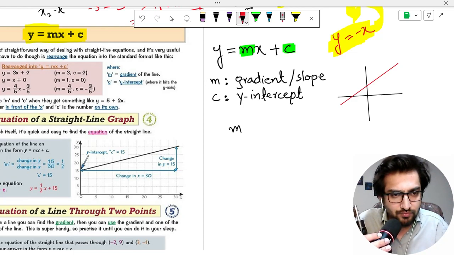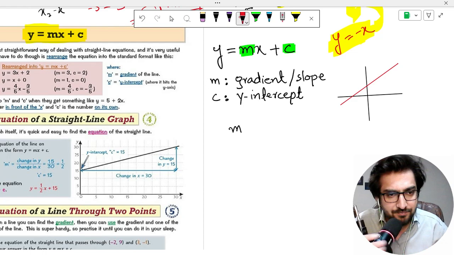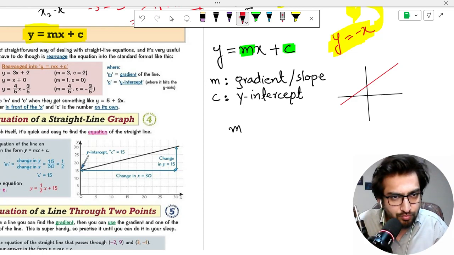I need two things, by the way. One is slope. So let me assume the slope of this line to be 3, and this is the y-intercept. This point you can see where the line touches the y-axis. So let me assume that it is 2. So it means c is equal to 2 and m is equal to 3.